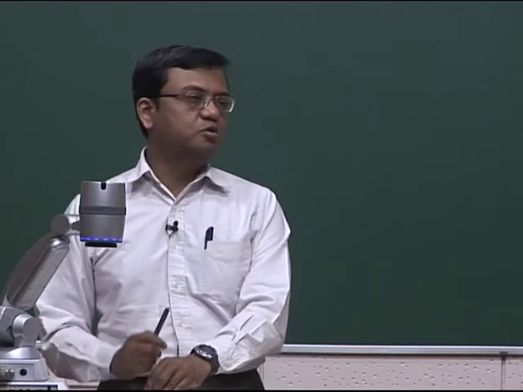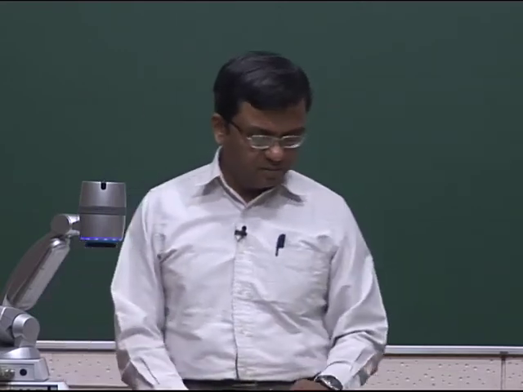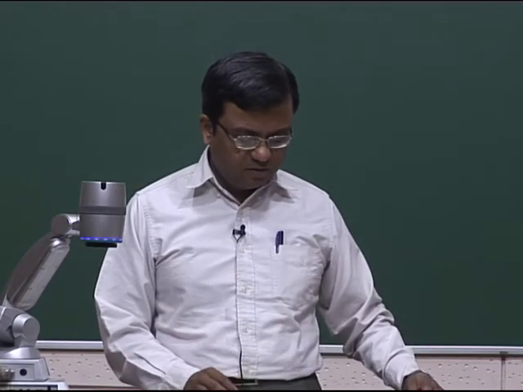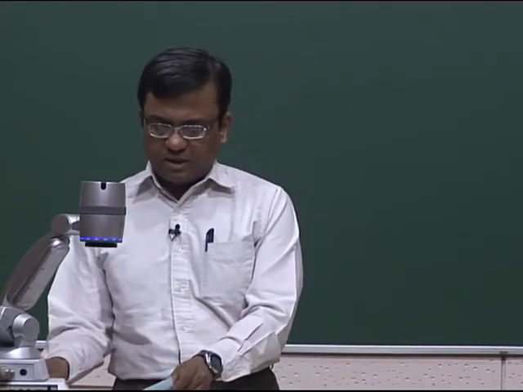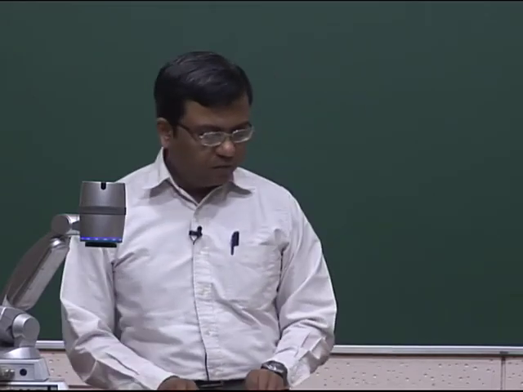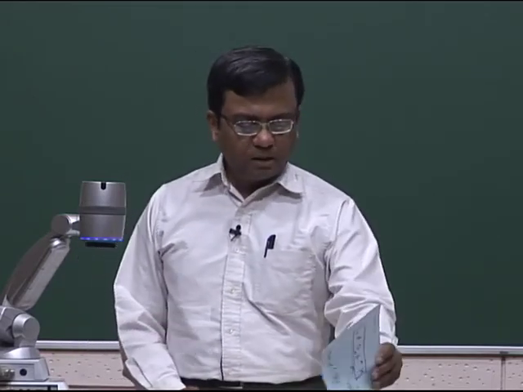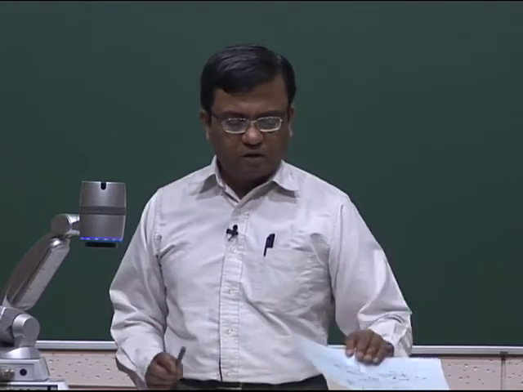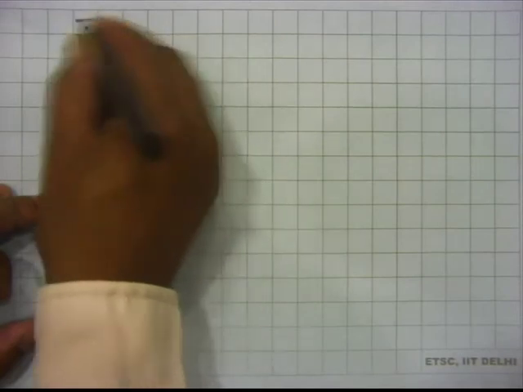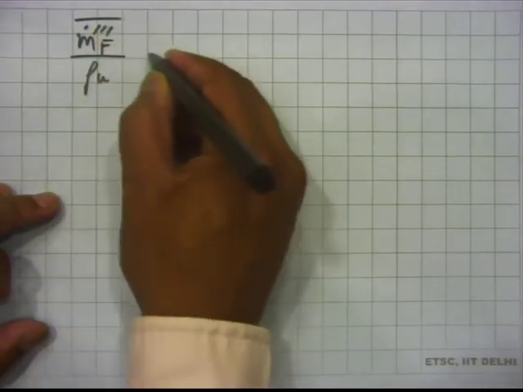Now there is a relation 2 also. Relation 2 is much better. I'm much more convinced by the relation 2 that has been used in the book. So how do we check that relation 2? Now relation 2 was for m dot f triple prime bar divided by rho u.